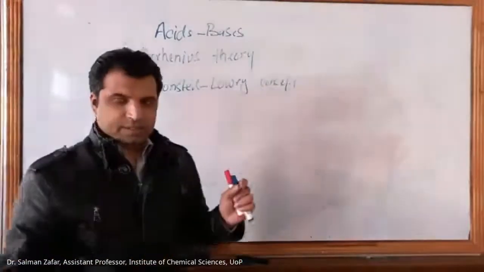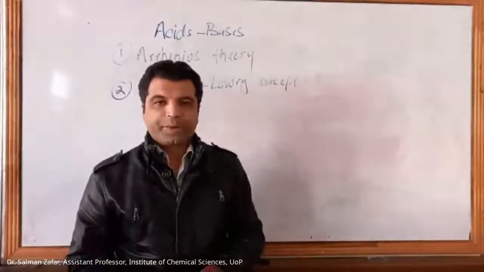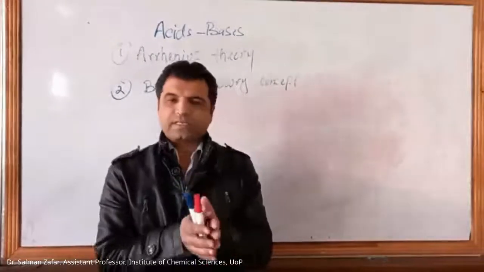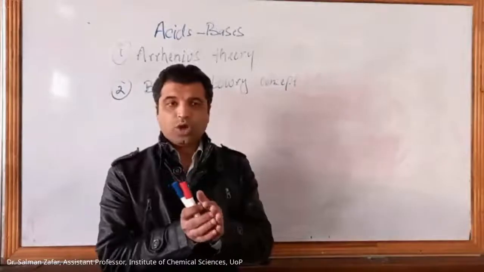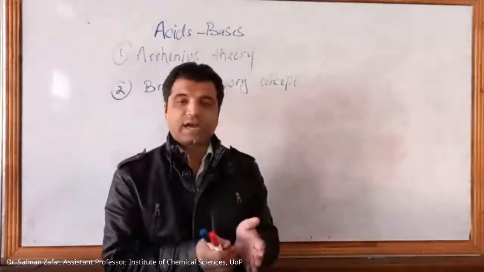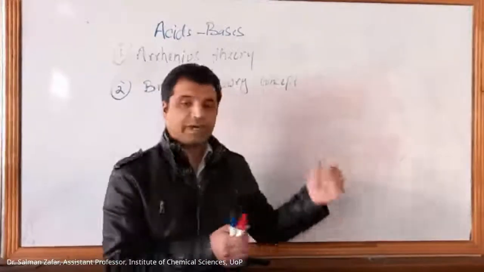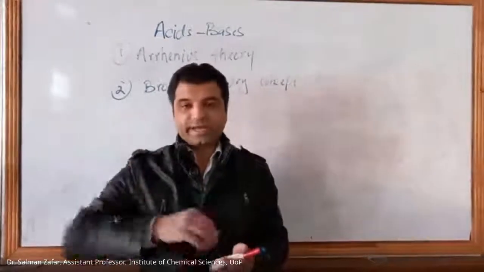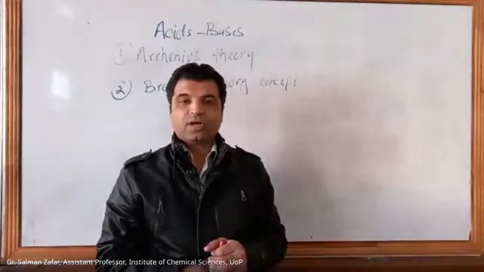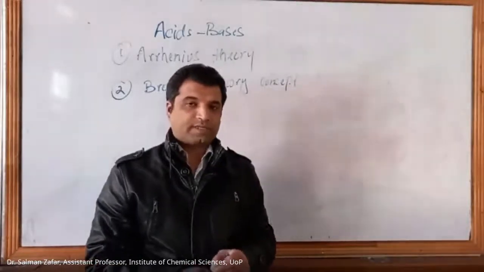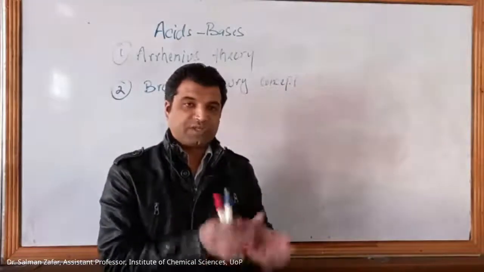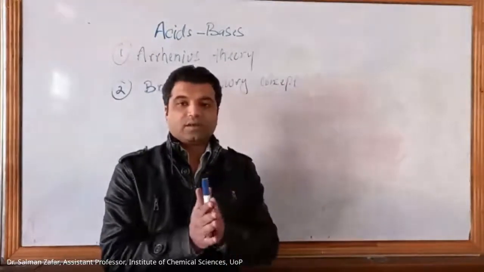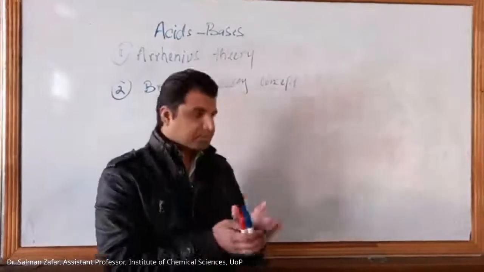But before that, let me repeat it again that in Arrhenius concept, the classification was only limited to the production of hydrogen ions and hydroxyl ions. And here you saw that we don't have any hydroxyl ions. In fact, it is the donation and acceptance of hydrogen ion or H plus between two different species, and that is when we can classify them as acids or bases.